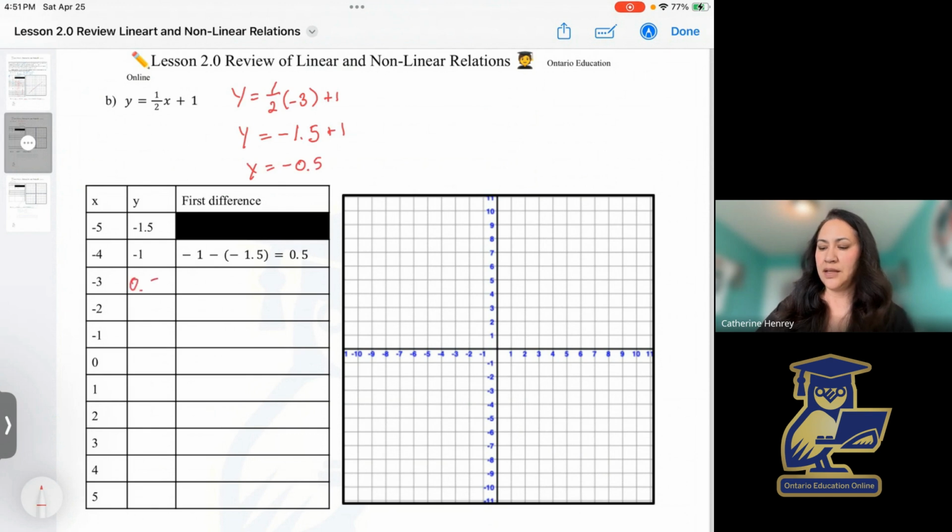So I'll put that in the table. For the next one, y is equal to 1/2 times -2 plus 1. y is equal to -1 plus 1. y is equal to 0. y is equal to, we're going to plug in -1 this time, plus 1. y is equal to 0.5.